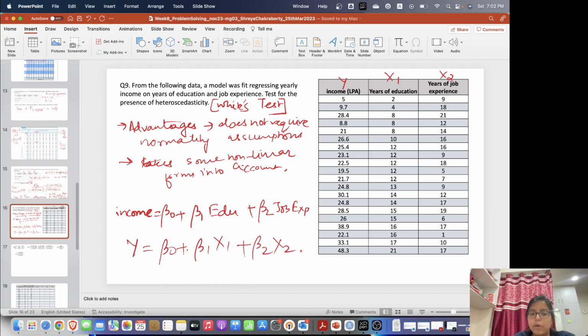Now how are we going to calculate beta naught, beta 1, beta 2? That is the first step.